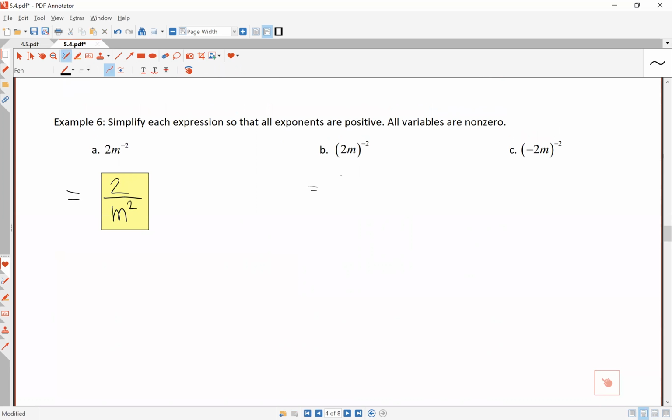If I have 2m in parentheses raised to the negative 2, then I take the reciprocal of the 2m, which gives me 1 over 2m to the positive 2. 2m to the positive 2 is 2 squared and m squared, or 4m squared.